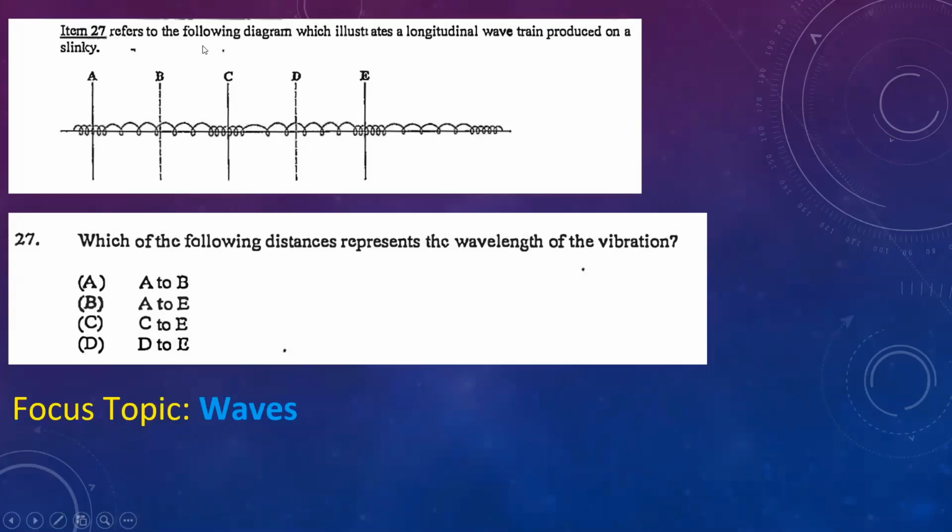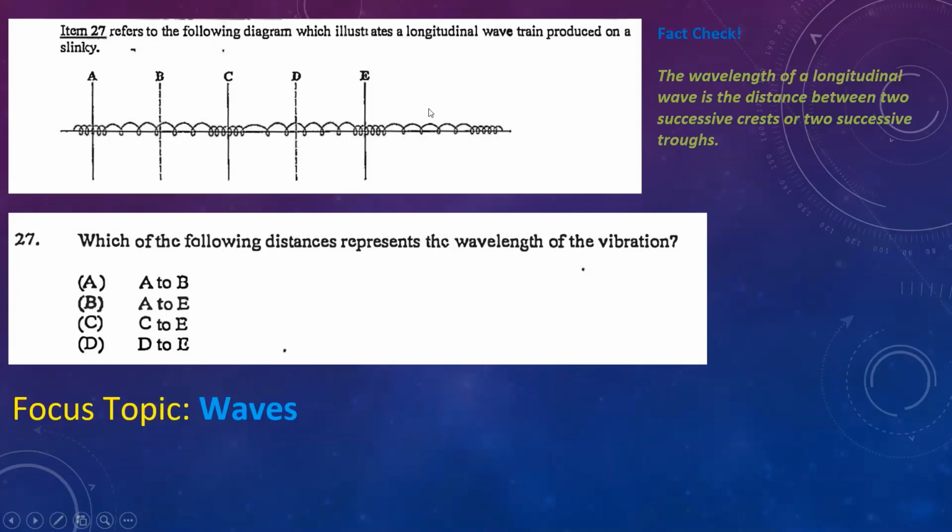Number 27 refers to the following diagram, which illustrates a longitudinal wave produced on a slinky. Which of the following distances represents the wavelength of the vibration? The wavelength is the distance between two successive crests or two successive troughs. However, in this case, we have compressions and rarefactions.